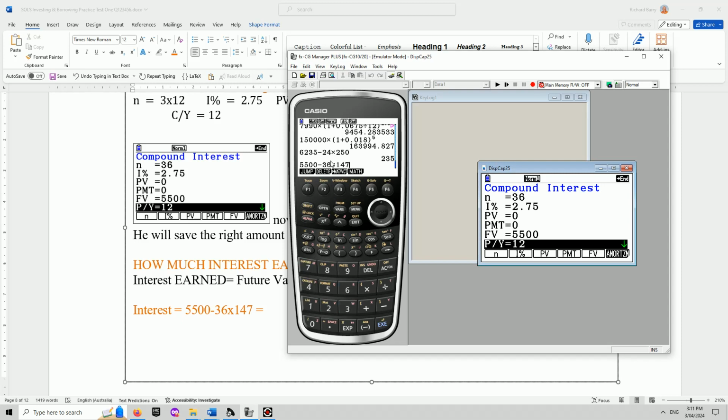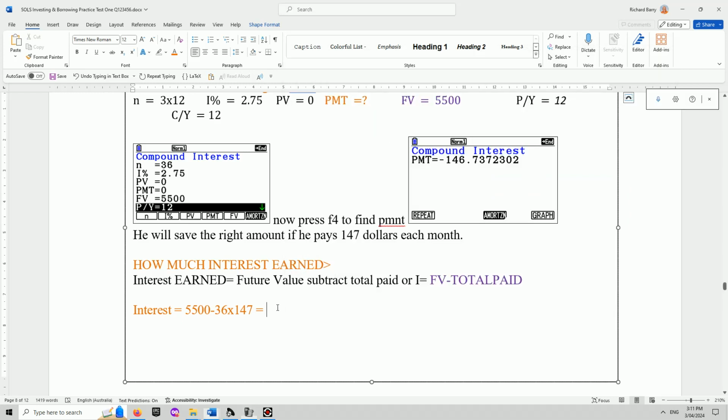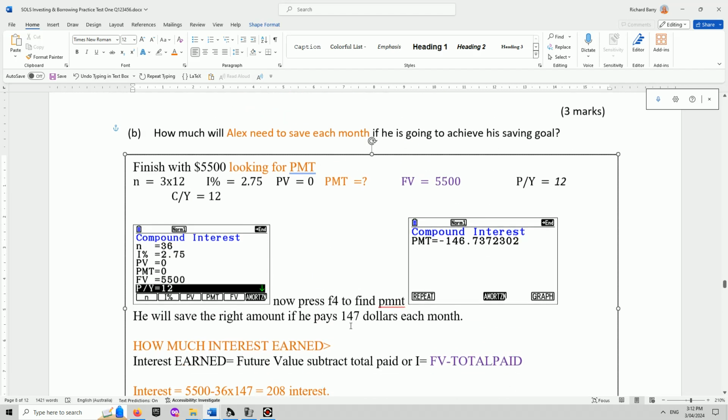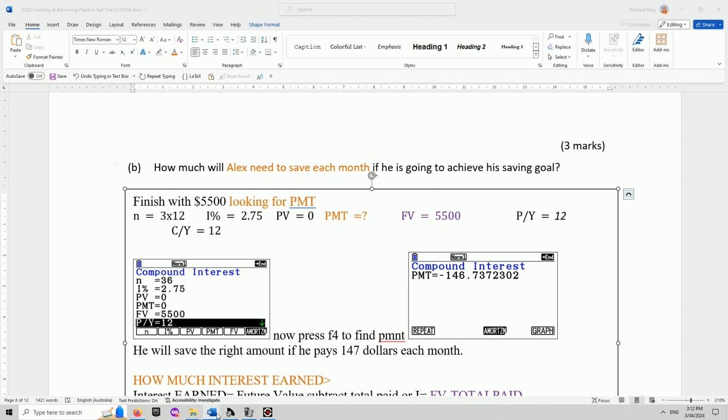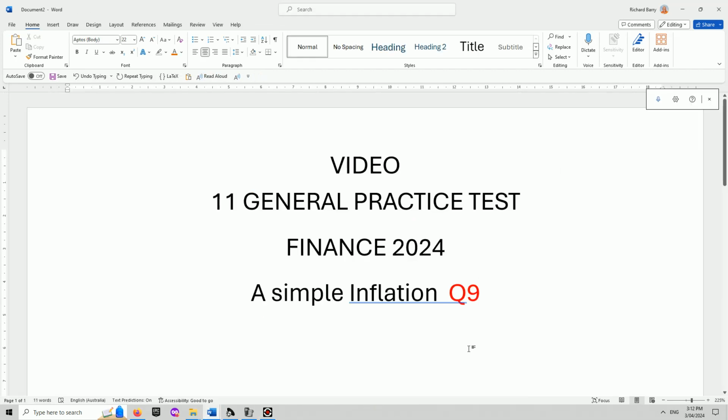It's smart enough to do the multiplication before the subtraction. Okay, $208 interest in those 3 years was earned. Okay, and that would be that question. Question 9.